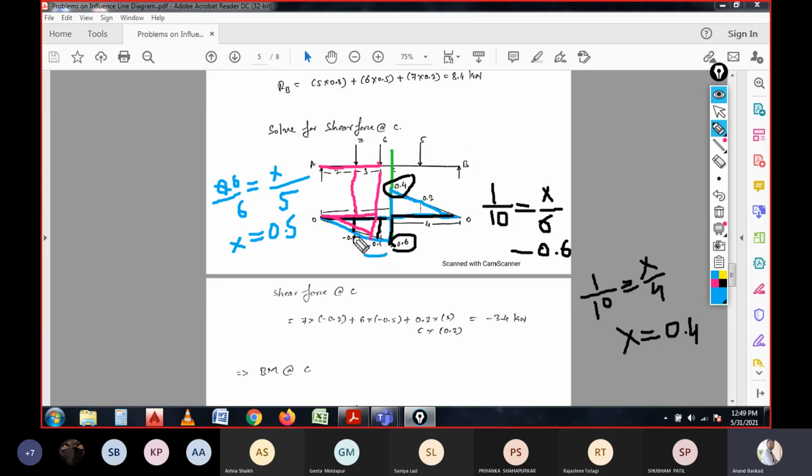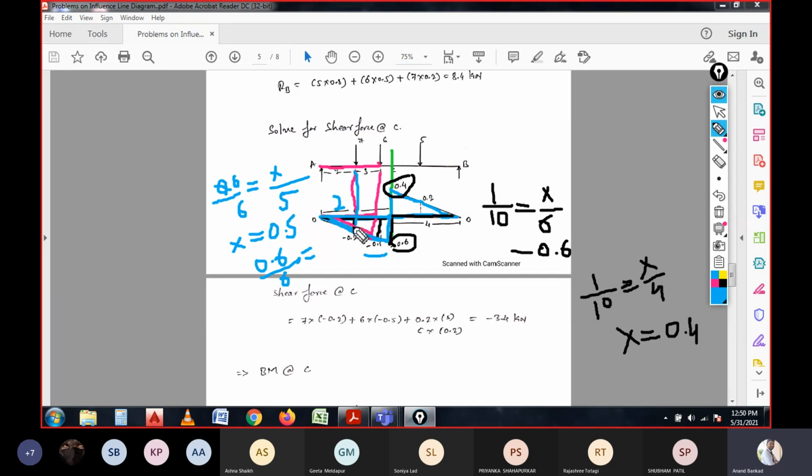Again, if you consider this coefficient value, it has the triangle height of 0.6 divided by 6. Why I am considering 0.6 by 6 is because this is the length of 6, and this is the height of 0.6. And for this larger triangle, I am considering this section. This section has a 2 meter span.